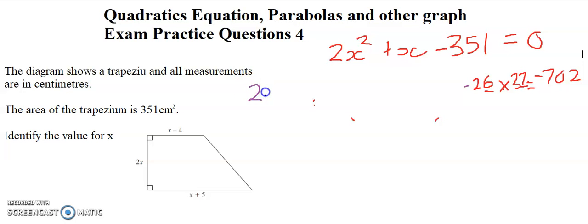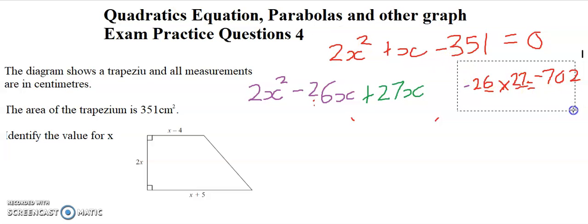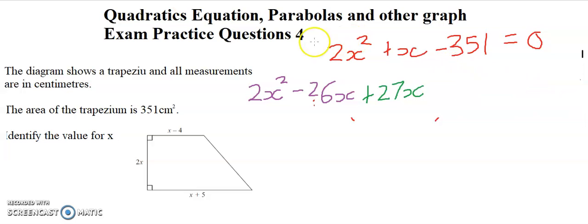So I'll just rewrite my equation now: 2x squared, take away 26x, plus 27x, minus 351.